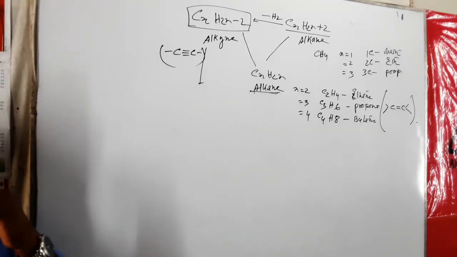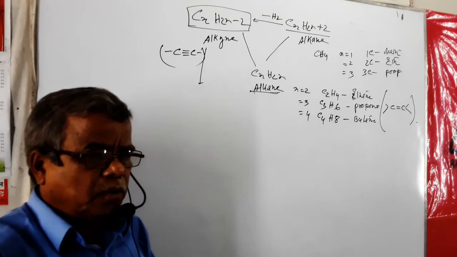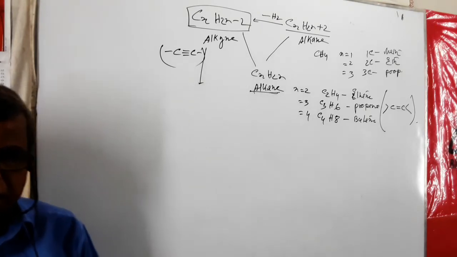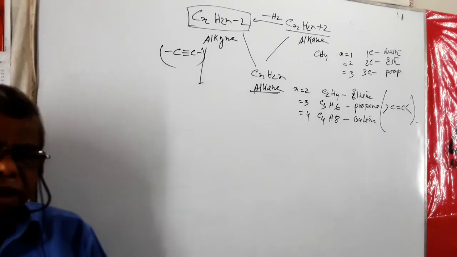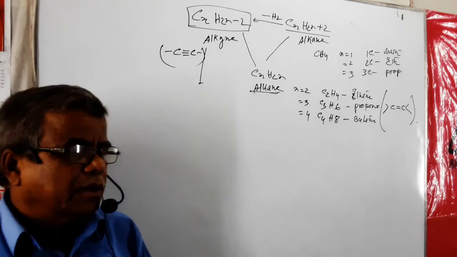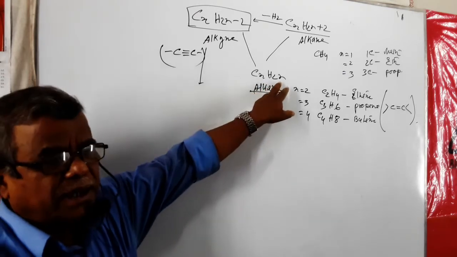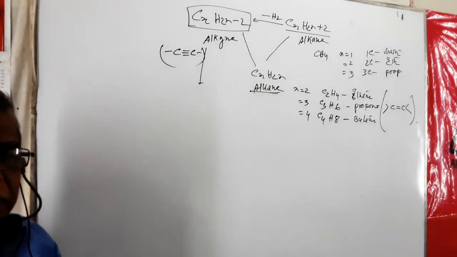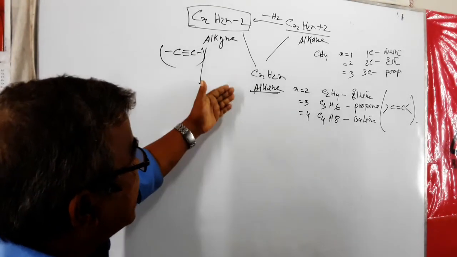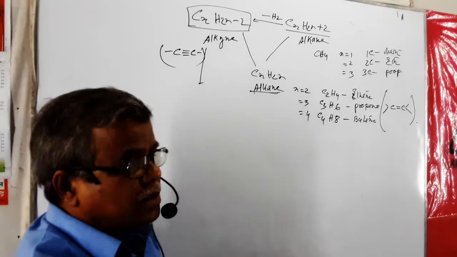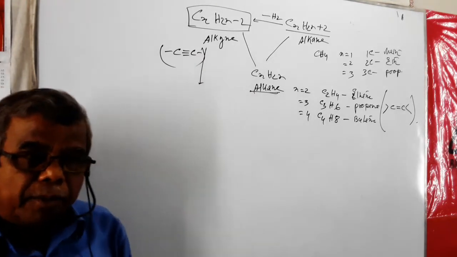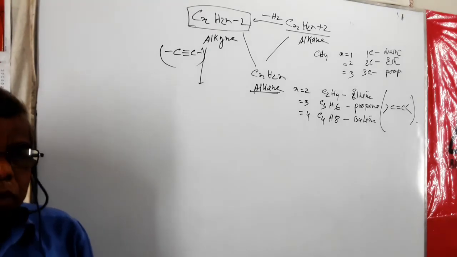That is, hydrocarbons are 2 types: one is saturated, another is unsaturated. Unsaturated is 2 types: one is alkene, another is alkyne. Alkene is denoted by CnH2n, and alkyne by CnH2n-2, which means these 2 unsaturated hydrocarbons contain carbon-carbon double bond and carbon-carbon triple bond respectively.